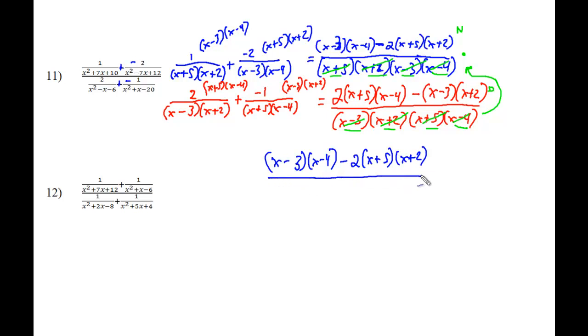Now I'm going to change this to red, even though I probably shouldn't have had that division bar in blue. Let me change that to green here. That's pretty good. Alright, let's change this to red. So this is going to be 2 times the quantity of x plus 5, x minus 4, minus the quantity of 1 times x minus 3, x plus 2.